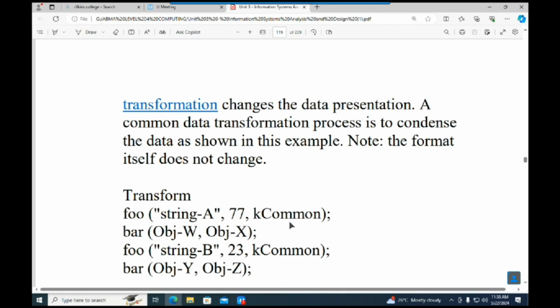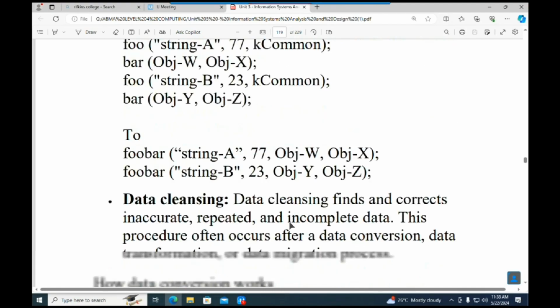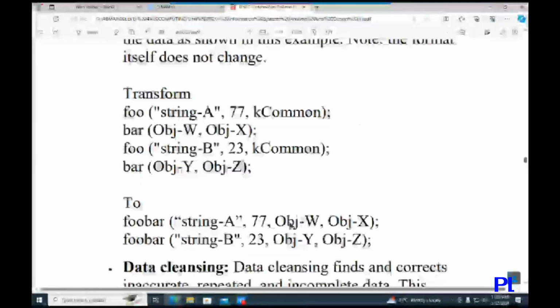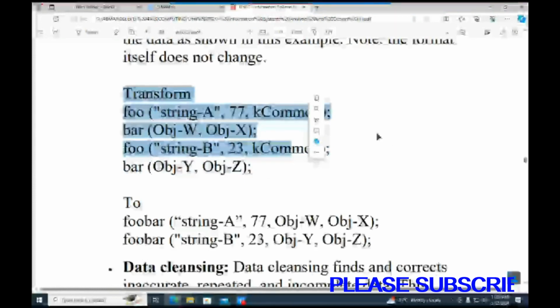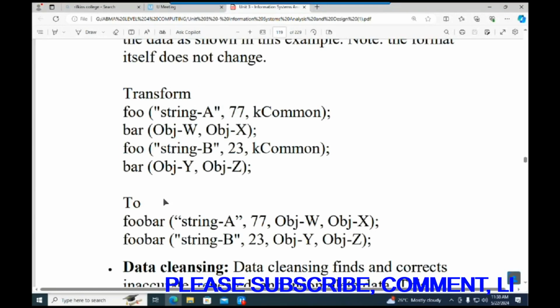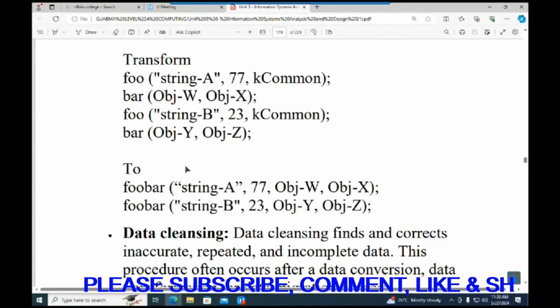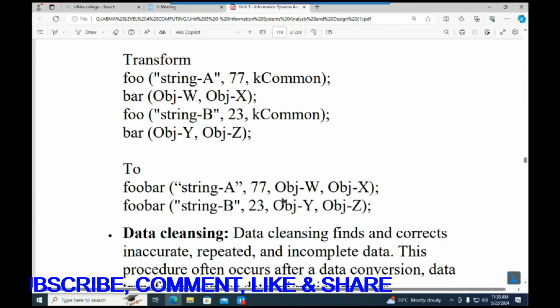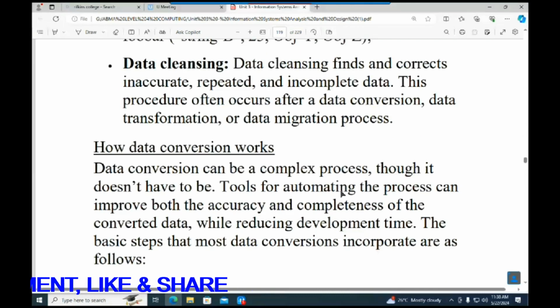How the data is presented, that's how we are changing. The format does not change, but how the data is presented is what changes. And I've shown you an example. Here, we have this transformation. It looks like we have 4, then string A, this one is in brackets. Then when we come here, you see, now we are changing this 4 bar. This is how we present that data, a little bit different, but we have the same format.